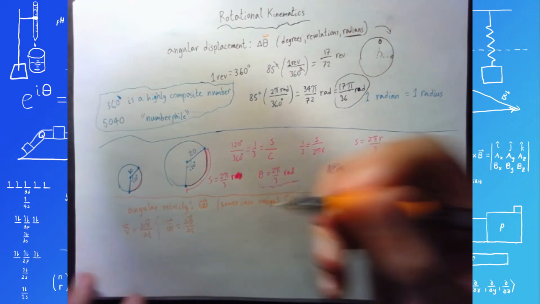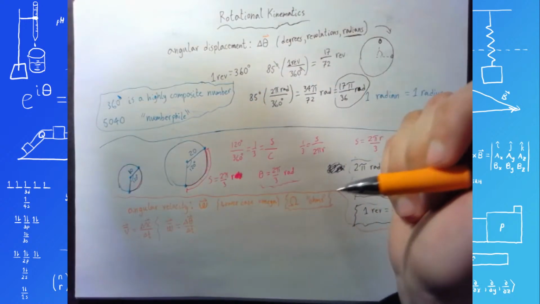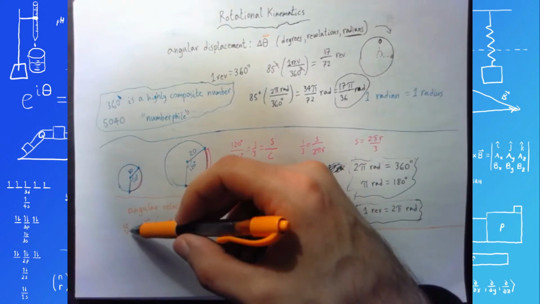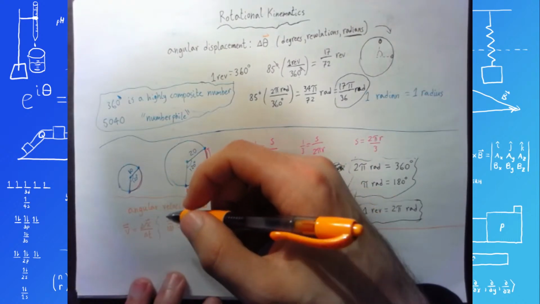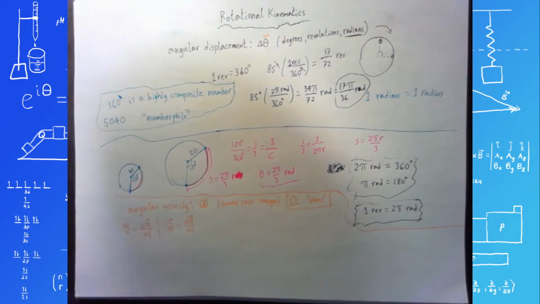So that's angular velocity, at least average angular velocity, and you can probably extrapolate from there that there's an instantaneous angular velocity, the same way there was an instantaneous regular velocity, or what we will call translational velocity from now on.